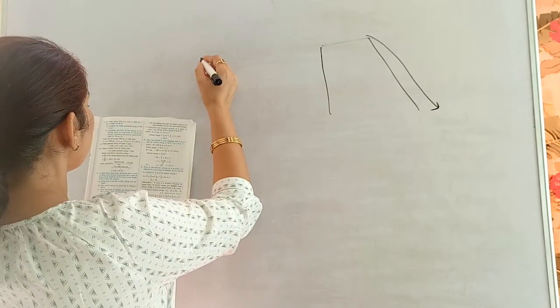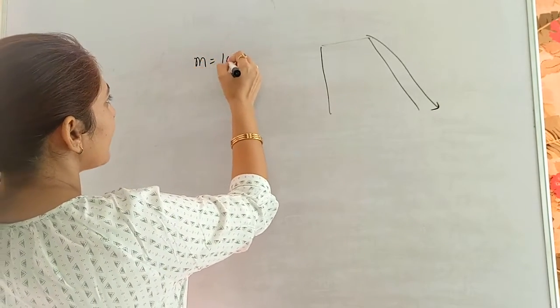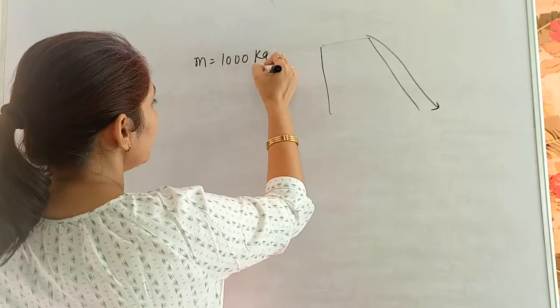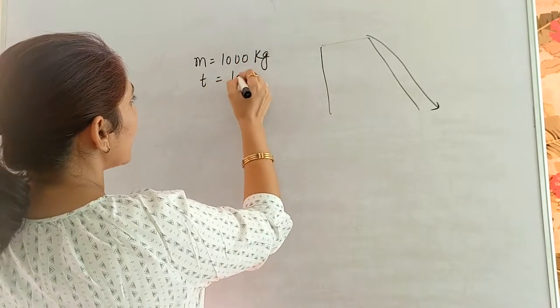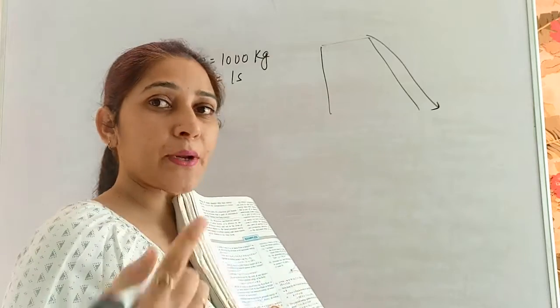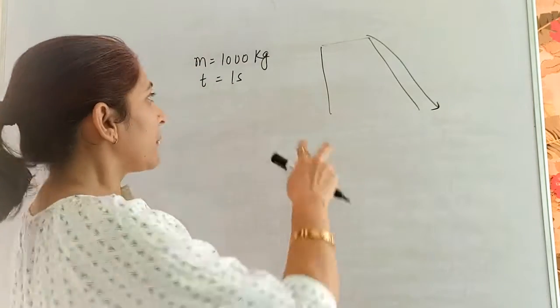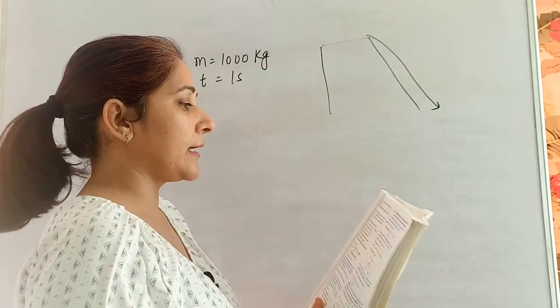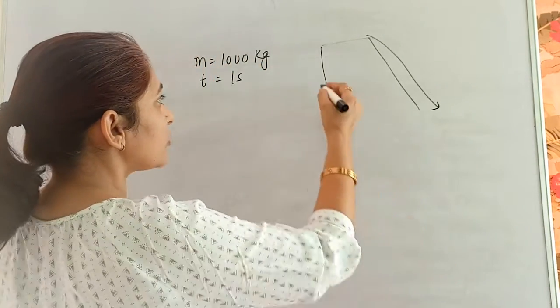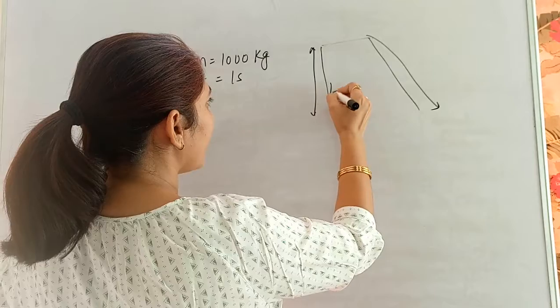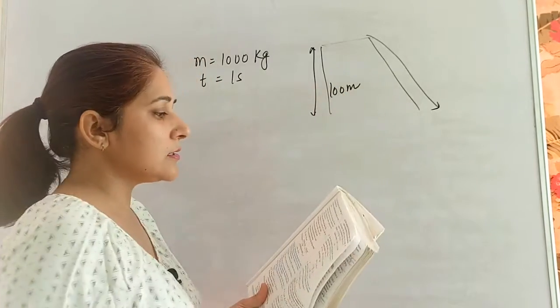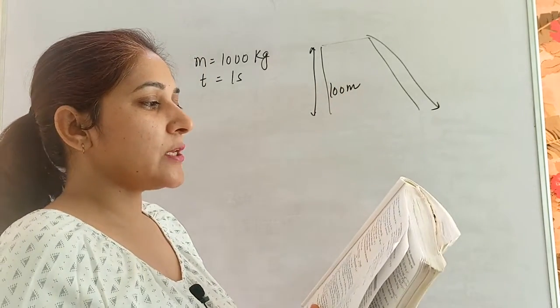So we can say mass of the water is 1000 kg and the time is 1 second, because they are saying this is the rate. Rate means whatever we are talking about per unit time. 1000 kg of water falls within 1 second, right? From a height of 100 meters, the height of the dam is given as 100 meters. Calculate the potential energy of the water.